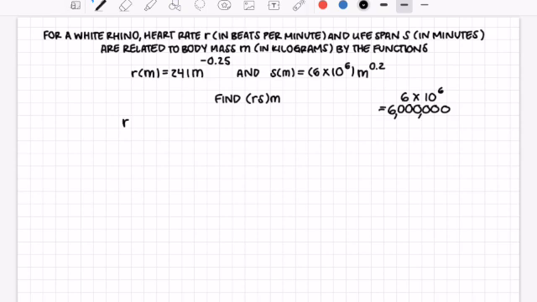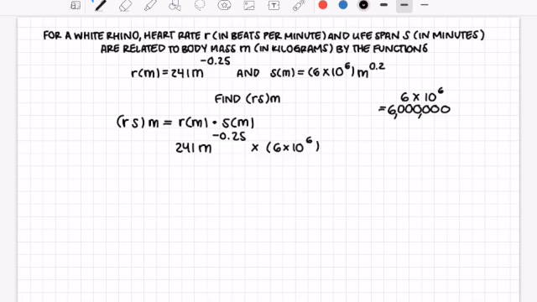From here, R times S of M can be separated as R of M times S of M, and then that turns into 241 M to the power of negative 0.25, multiplying with my 6 times 10 to the power of 6 M to the power of 0.2.